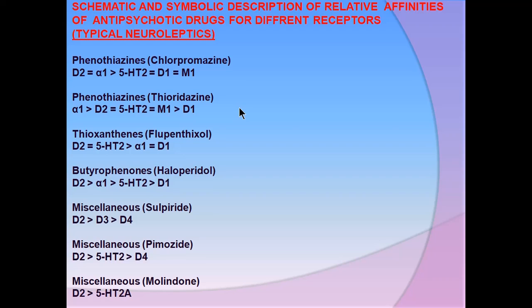Next drug from miscellaneous group is pimozide, which has highest affinity for D2 and then its affinity decreases for 5-HT2 and then for D4. Coming to the next drug of miscellaneous group, molindone, which shows affinity for D2 which is more than that for 5-HT2A.